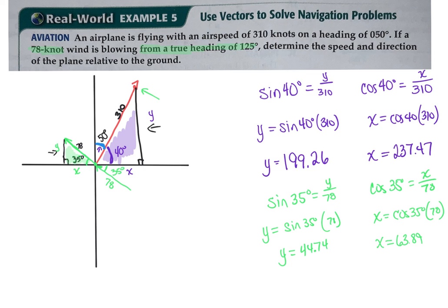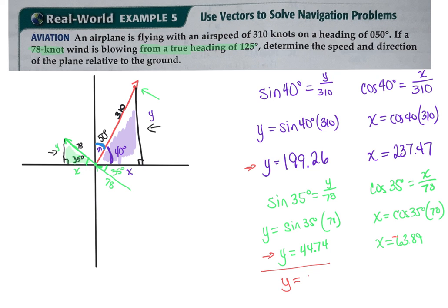So when I take these two numbers into consideration to figure out where the airplane is, I need to take that Y and add it to that Y. But here, I need to negate that movement. So my Y value of where the plane is going to be is the 199.26 plus the 44.74.